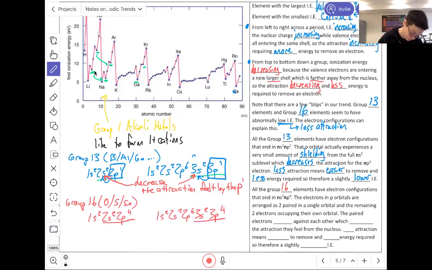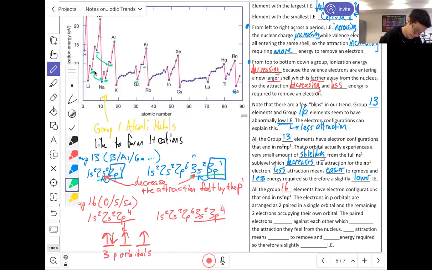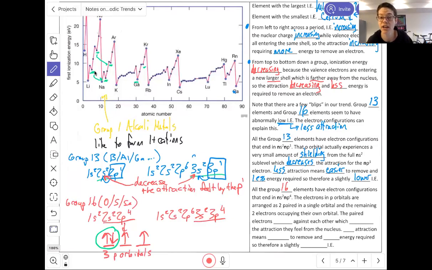So P4, if I've got 3 orbitals in P, so I've got 3 P orbitals here, and my 4 electrons are going to go 1, 2, 3, 4. This right here is what makes that blip.